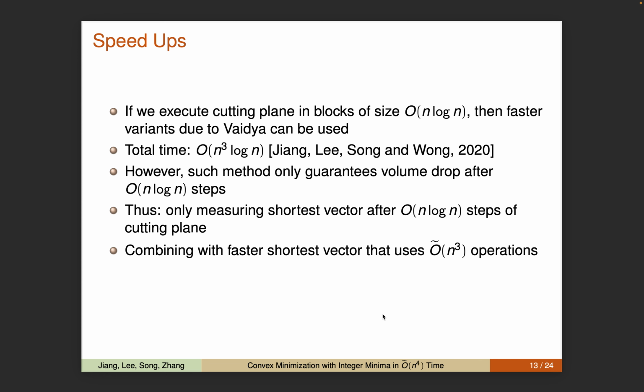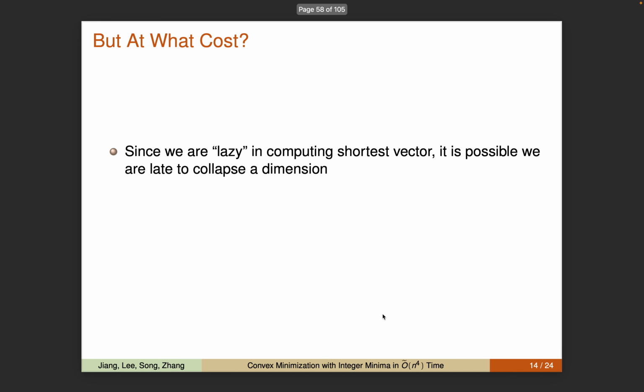But the nice thing here is we only need to perform the shortest vector approximation after n log n steps of cutting planes. This gives us some leeway to use faster shortest vector approximation algorithms, because now the number of calls to the shortest vector is smaller. And we will see how this leads to an algorithm with additional arithmetic operations count up to O of n to the 4th power times log n r.